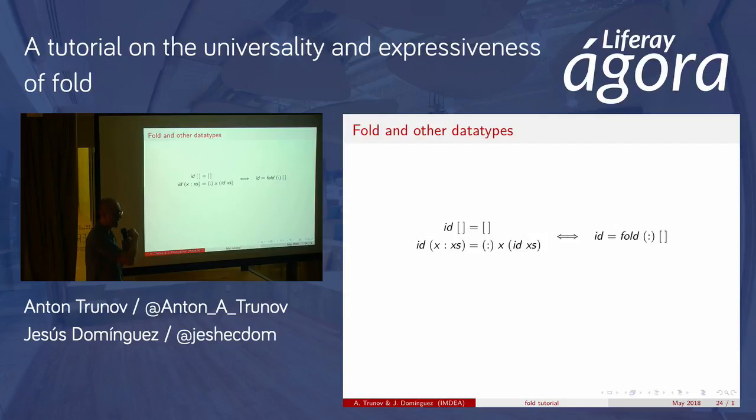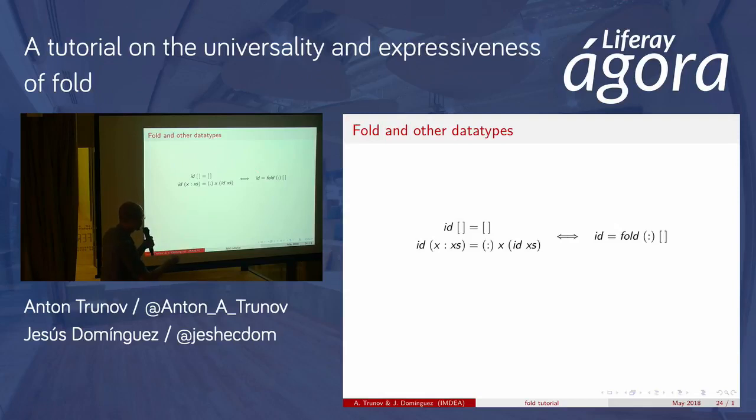By the explanation Anton gave earlier, a fold just replaces every cons with the folding function, and the empty list with the initial value you give. So if I replace every cons with cons, and the empty list with the empty list, what is this intuitively doing? It is doing nothing to the input list. It's like the identity function.